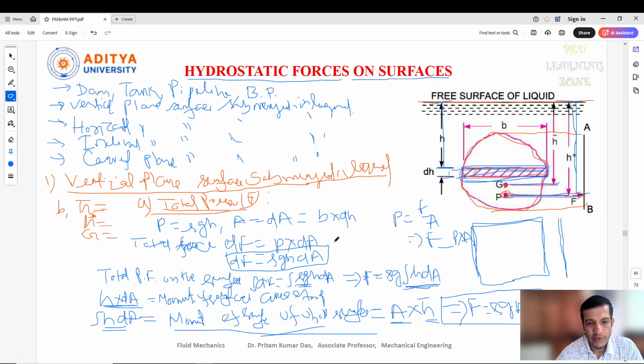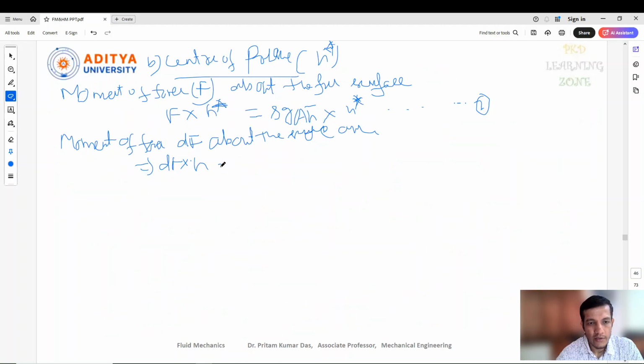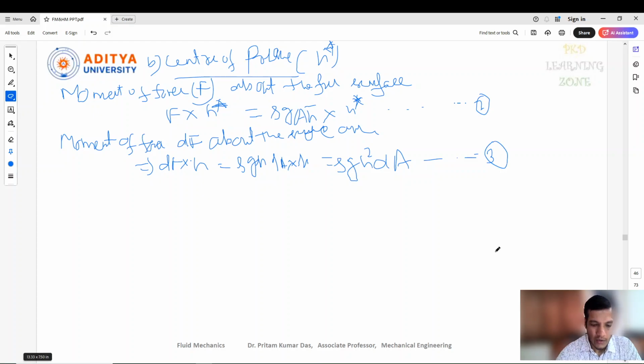Yeah, rho g h dA. So you can write rho g h dA into h. Okay, so here h square will be there, so you can write rho g h square dA. Okay, this one we can give another equation, equation 3.